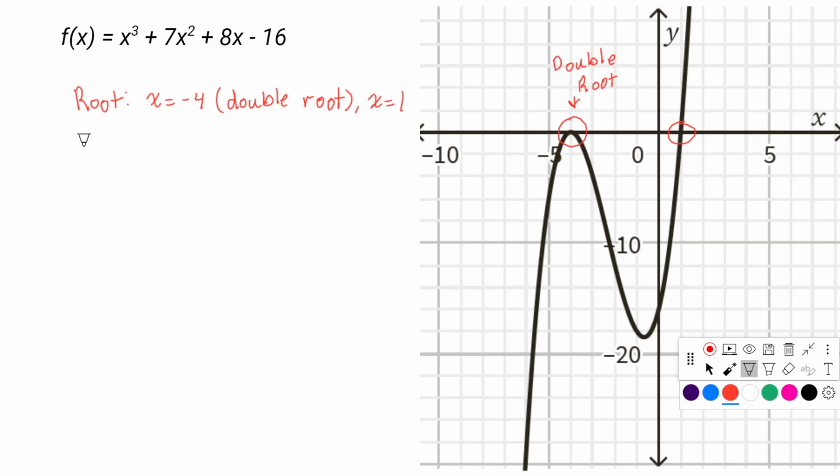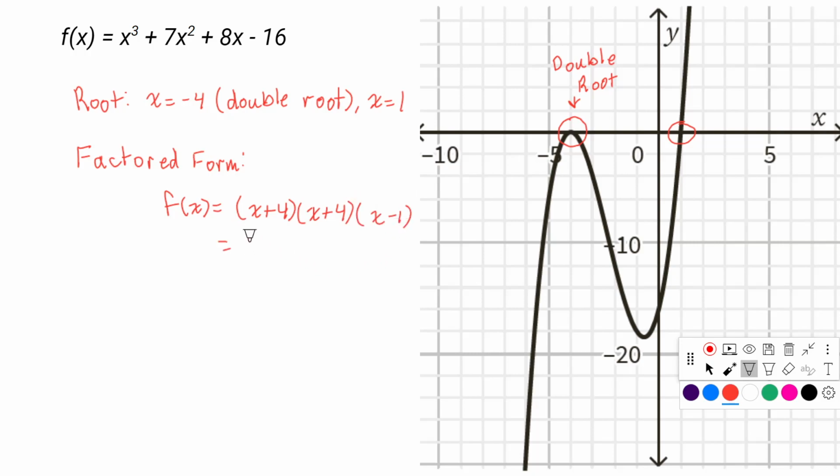The factored form for this cubic is going to be written as x plus 4 times x plus 4, it has to appear twice since it's a double root, times x minus 1.